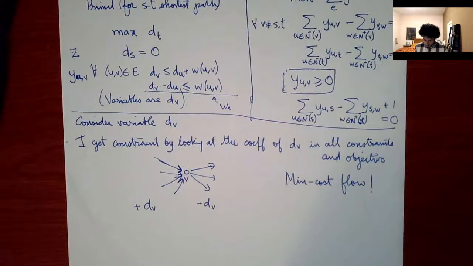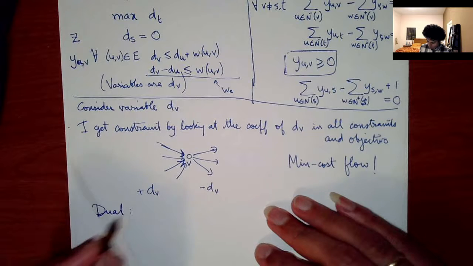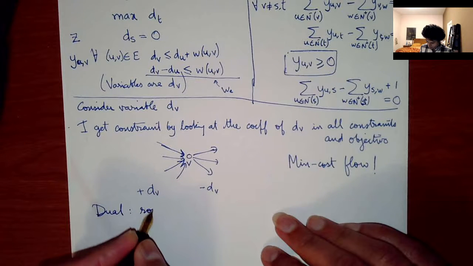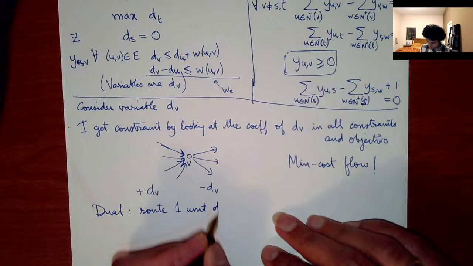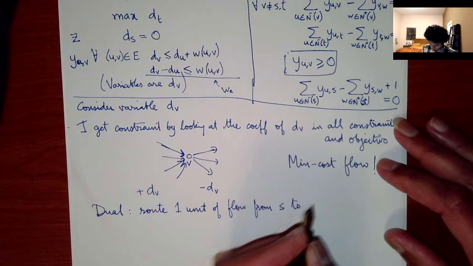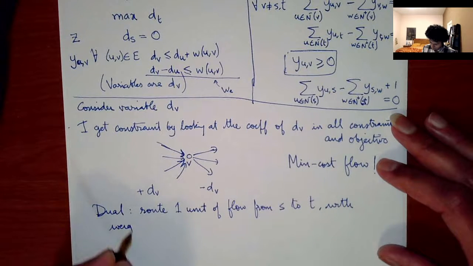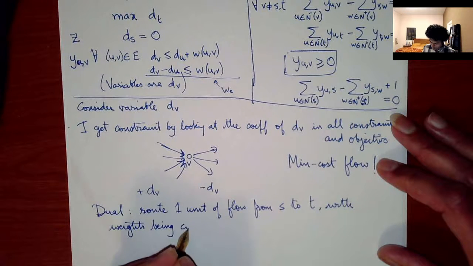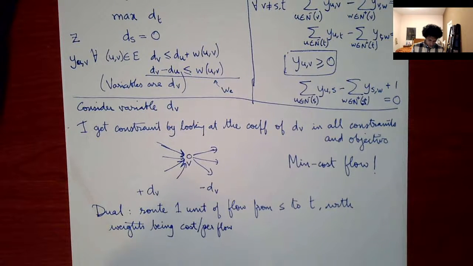So indeed, the dual here, just to write this down, the dual is: route one unit of flow from S to T with the weights being like cost per flow. It's like the cost per unit of flow that you use.